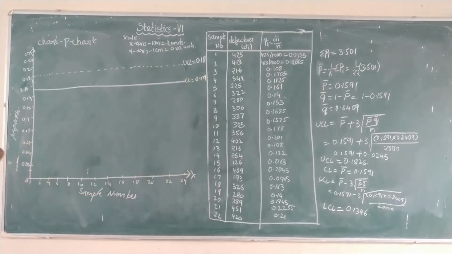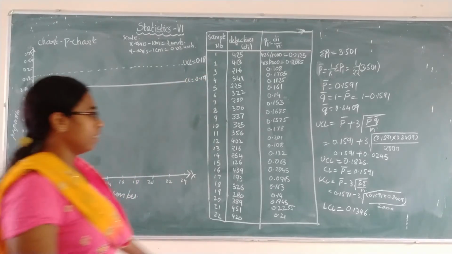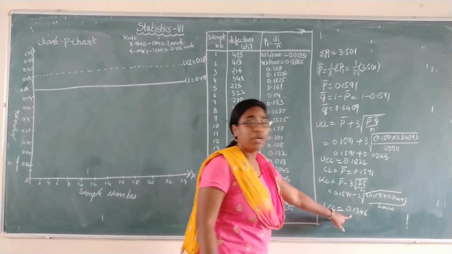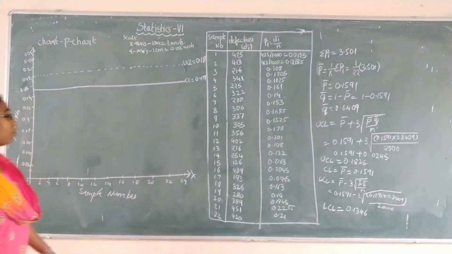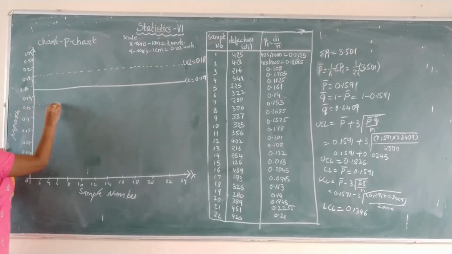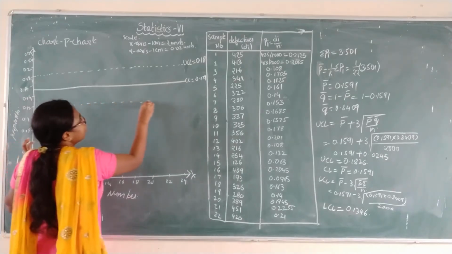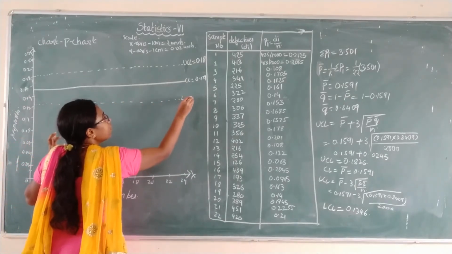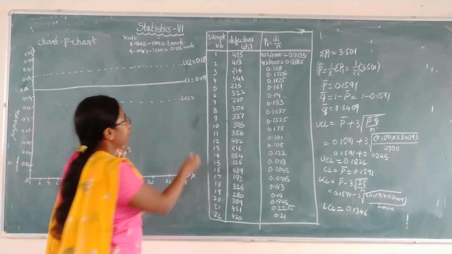Next, draw the LCL. LCL value is 0.134. So 0.13 is between 0.12 and 0.14, and you draw the LCL as a dotted line. LCL equals 0.1346.